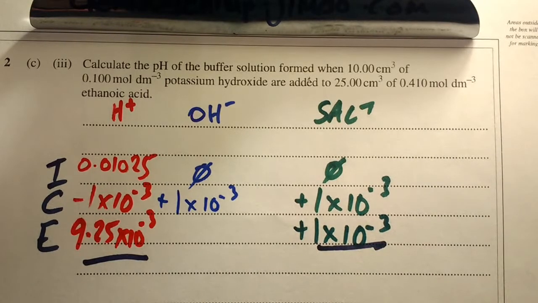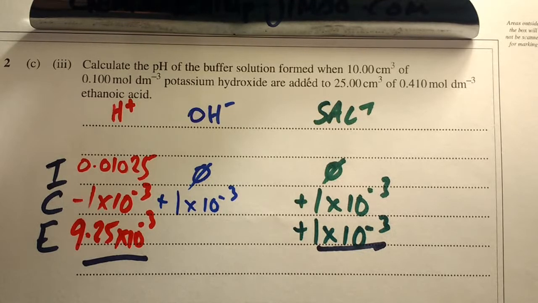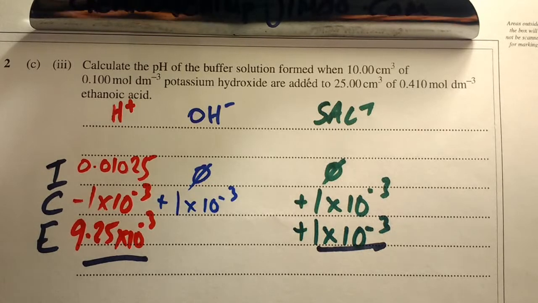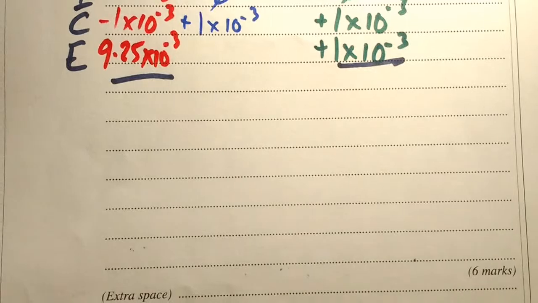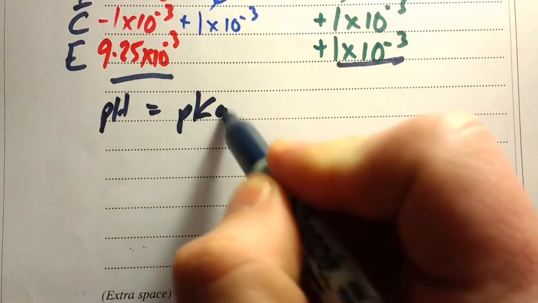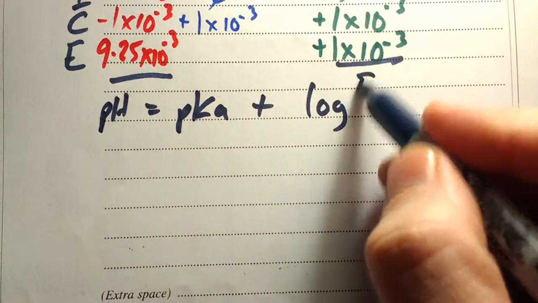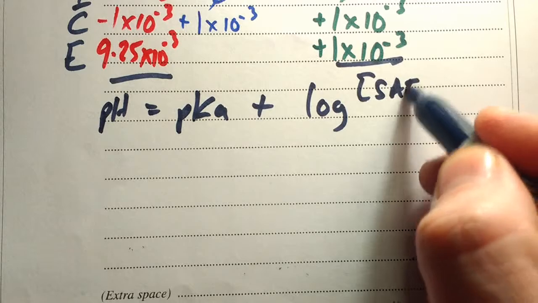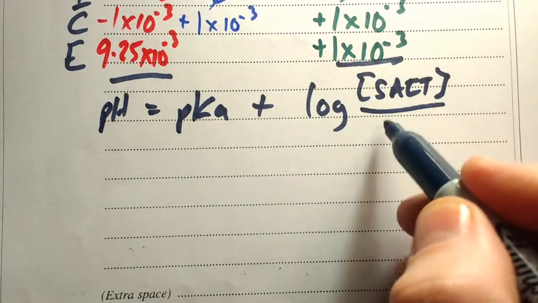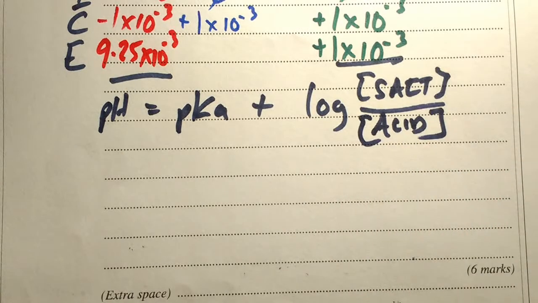If you haven't seen the Henderson-Hasselbalch equation, you need to go and have a look. I think it's the easiest way to work out these concentrations, because to work out the pH, the pH is equivalent to pKa plus the log of the salt concentration over the acid concentration at the end.